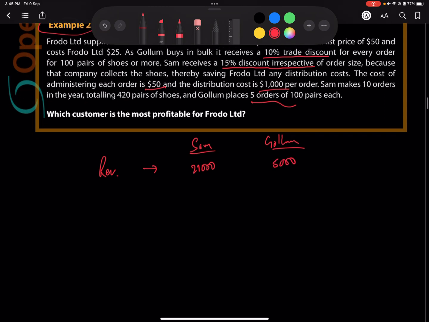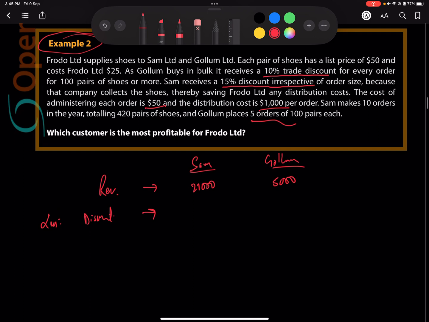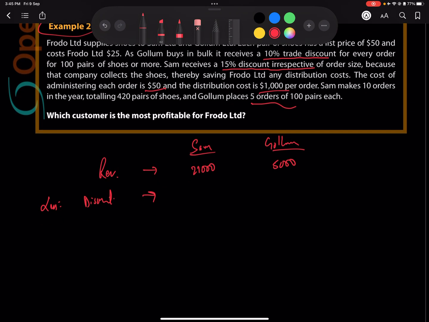Next thing we can do is the discount. Gollum receives a 10% discount for every order of 100 pairs of shoes. So he's ordering 420 divided by 100, so 4.2.